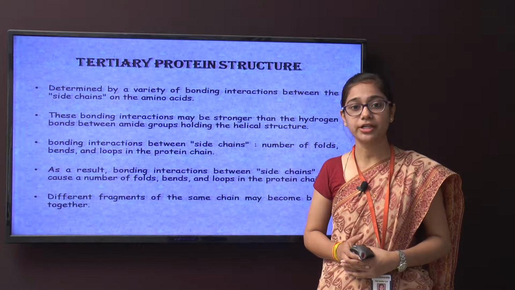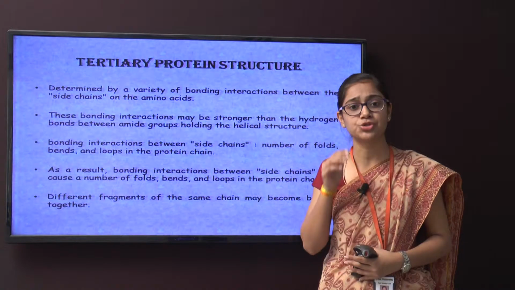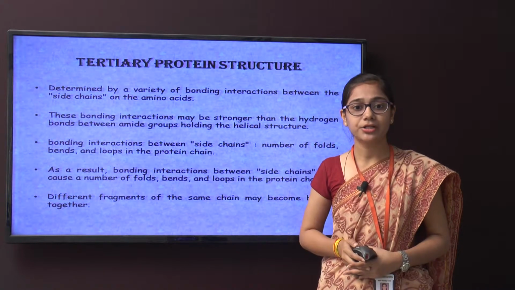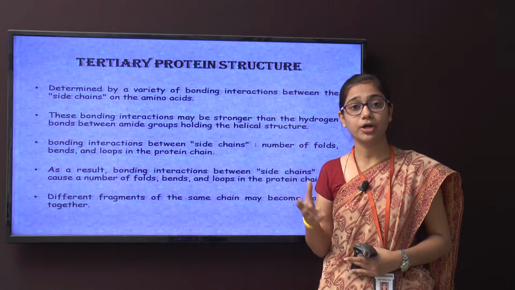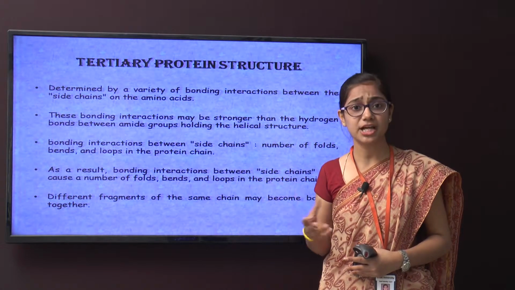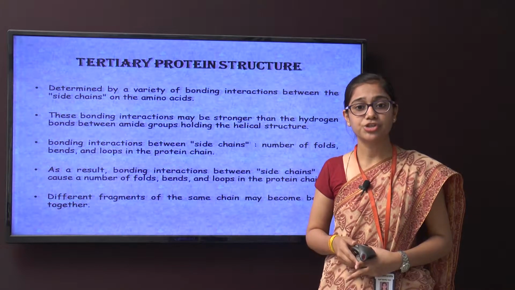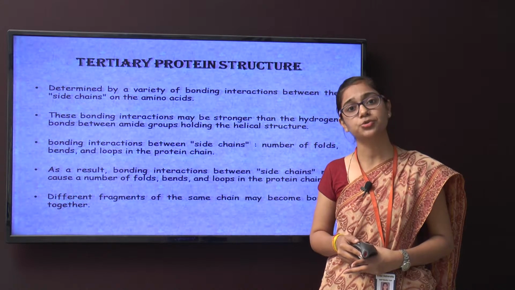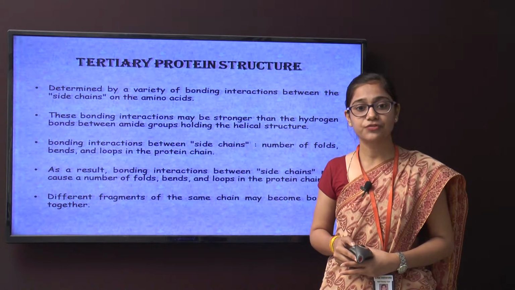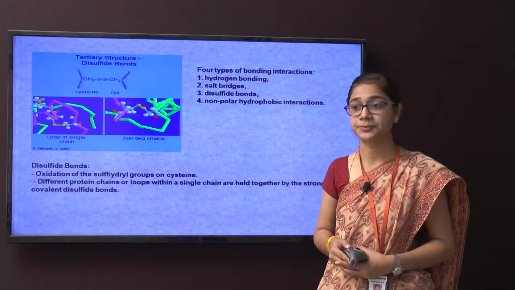These bonding interactions may be stronger than hydrogen bonding, and they depend on the number of folds, bends and loops present in the protein chain. Bonding interactions between the side chains may cause a number of folds, bends and loops in the protein chain, and different fragments of the chain may become bonded together.